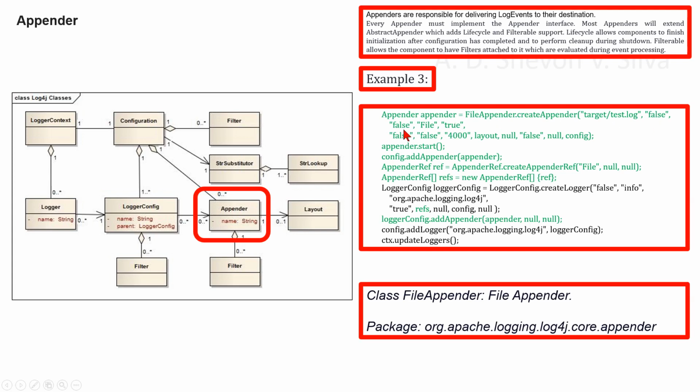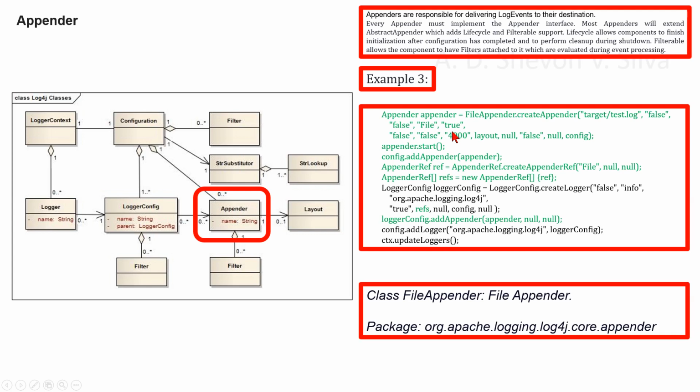And this is locking, true if the file should be locked; the default is false. This is the name of the appender, and this is immediateFlush, true if the content should be flushed on every write, false otherwise.